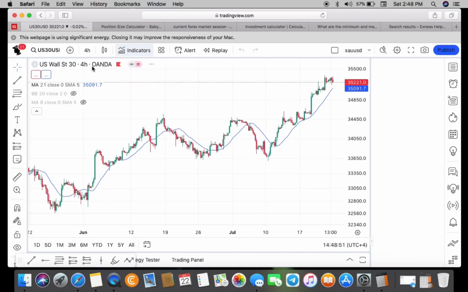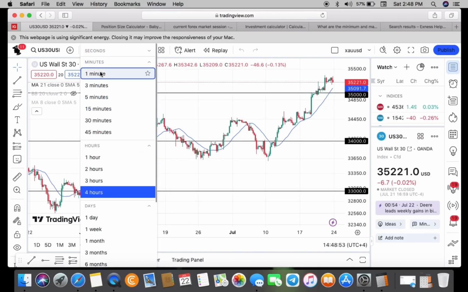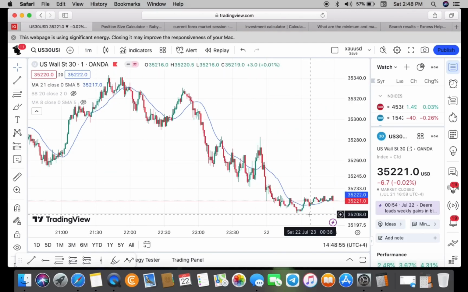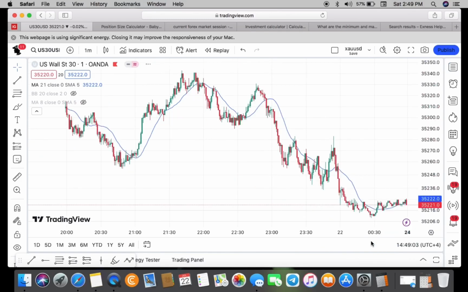So guys, as you can see right here, this is 35,000. This is the 1 minute time frame. As you can see, this is 35,310, from 35,300 to 35,310.